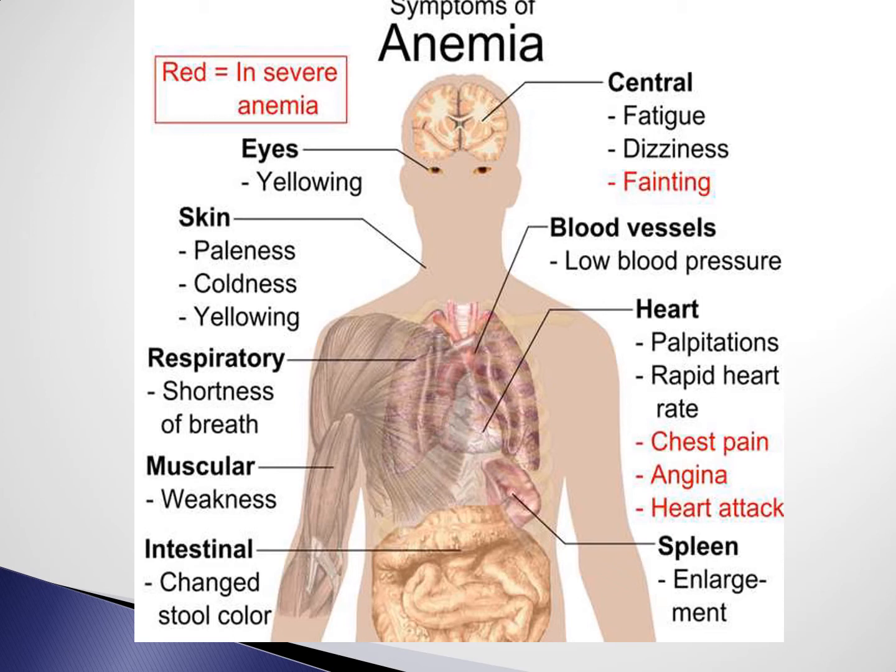In blood vessels, there will be low blood pressure; in the heart, there will be palpitations, chest pain, angina. The ones in red color show symptoms in cases of severe anemia. In the spleen, there will be enlargement. In the eyes, there will be paleness. Then skin, there will be paleness, coldness; respiratory, shortness of breath and weakness.